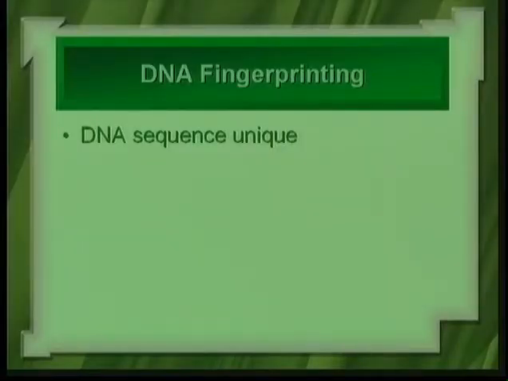For one thing, all the DNA of every single person, every single plant, every single animal is unique. Unless you have an identical twin, your DNA sequence is unique. There has never been a person like you in the history of the earth before you. There will never be a person exactly like you in the future.